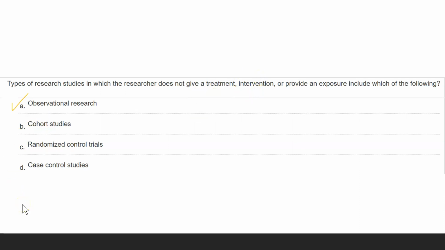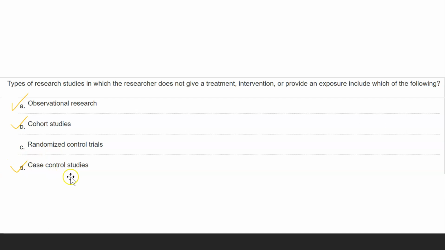It is A, it is B, and it is D. So all of these, A, B, and D, are ones where the researcher is not giving them a treatment. They're not giving them an electric toothbrush. They're not giving them a pill, for example. They're just finding a group of people who have an electric toothbrush and they're following them over time. They are finding people who have an electric toothbrush and they're going backwards in time.